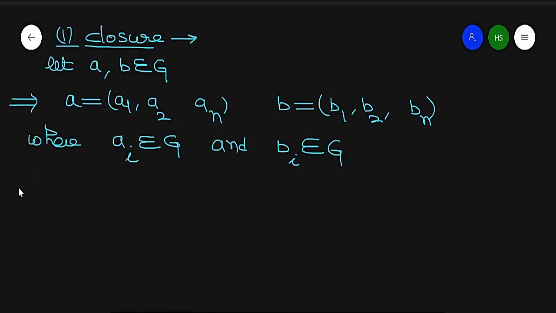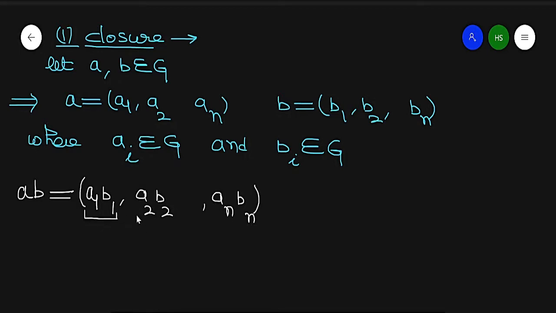Now I define the binary composition as the product ab, which can be written as (a1b1, a2b2, ..., anbn). This will belong to capital G if each term belongs to G1, G2, ..., Gn respectively.